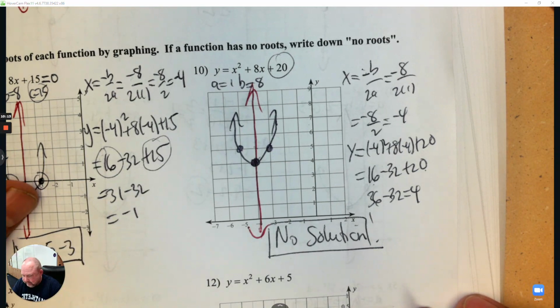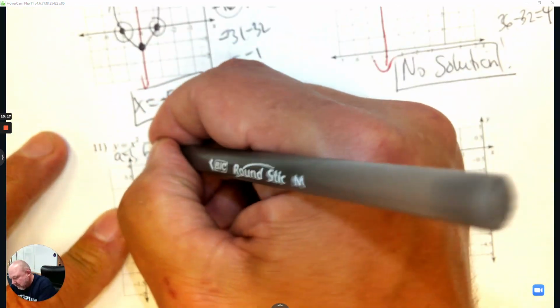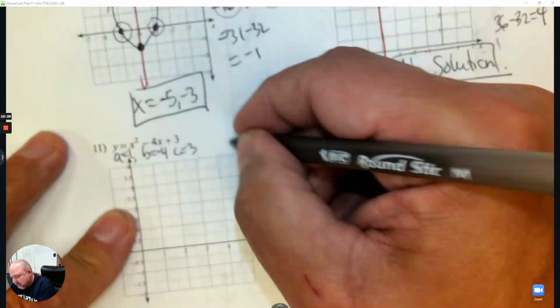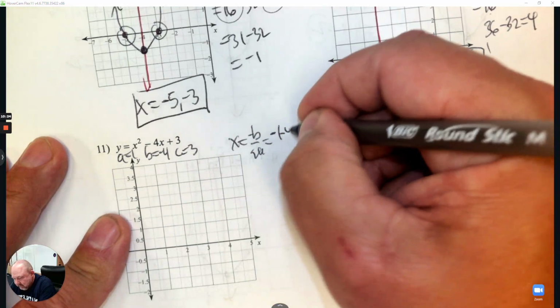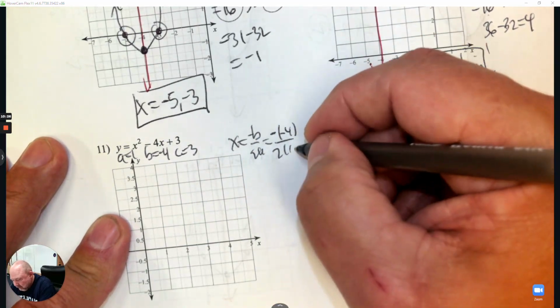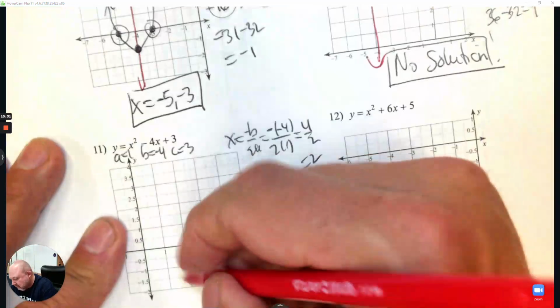All right, 2 left. A is 1, B is -4, and C is 3. We write down negative B over 2A. That is -4 over 2 times 1, and then solve it. So our axis of symmetry is at 2.